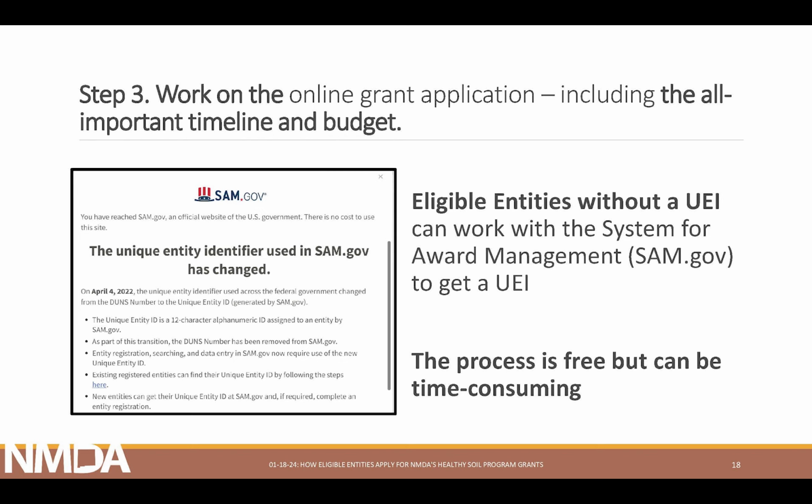As you'll read with me on the bottom of the screen, the process for securing a UEI from SAM.gov is free, but it can be time consuming. Meaning if you're on today's webinar going, oh my gosh, we don't have a UEI, it's time to get started on that process in hopes that you would have one in hand by our application deadline of April the 26th of 2024.